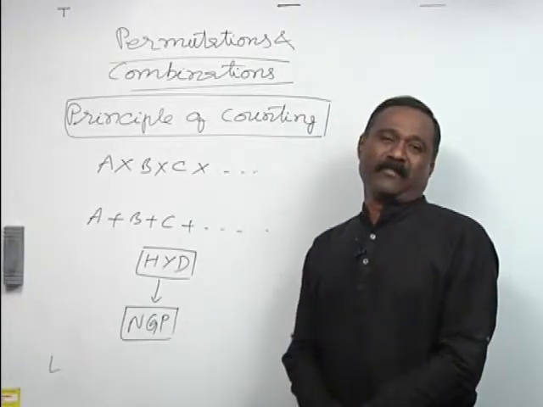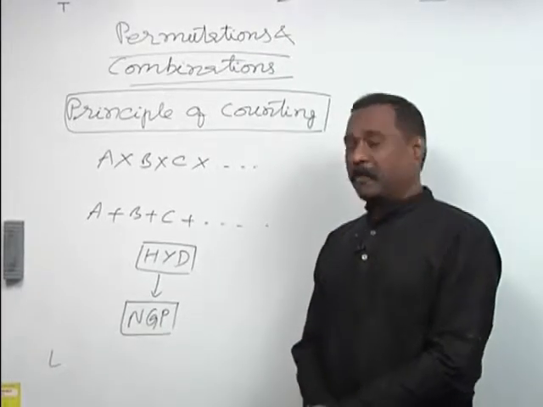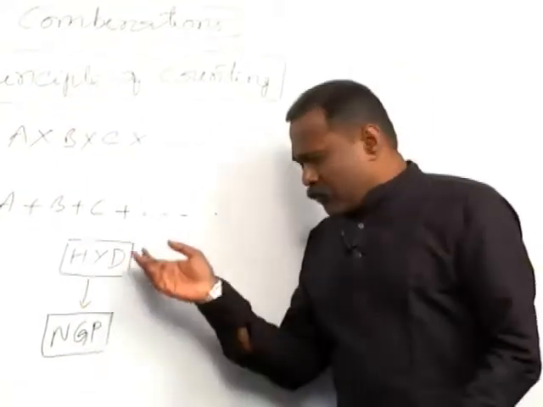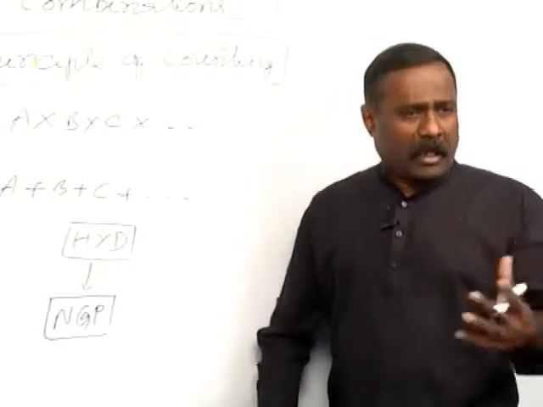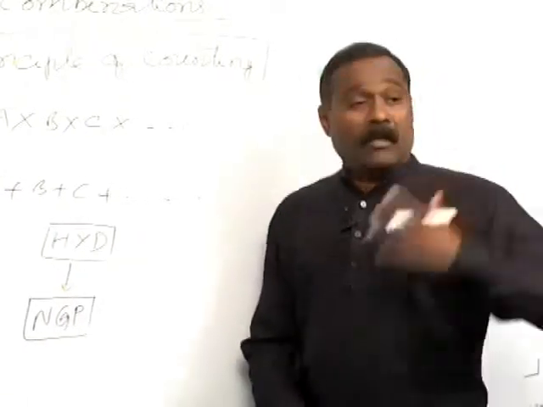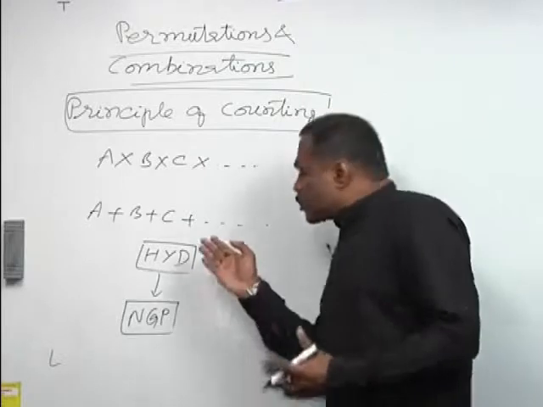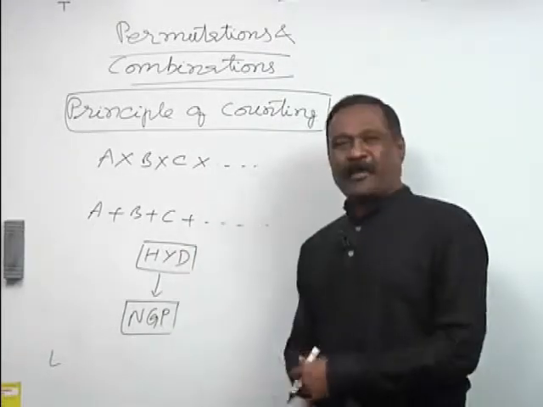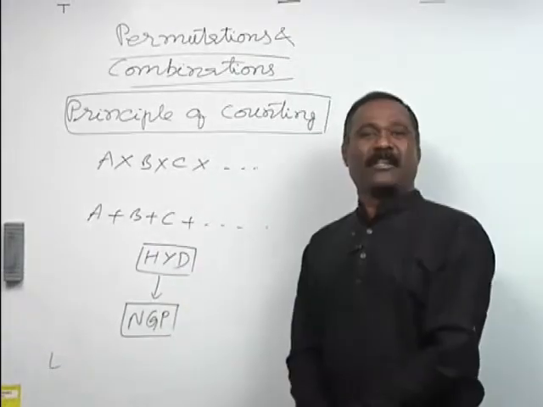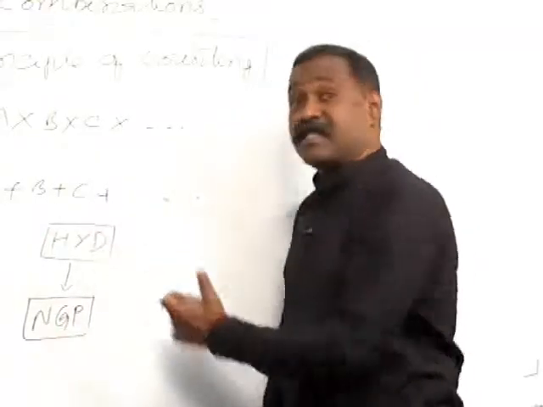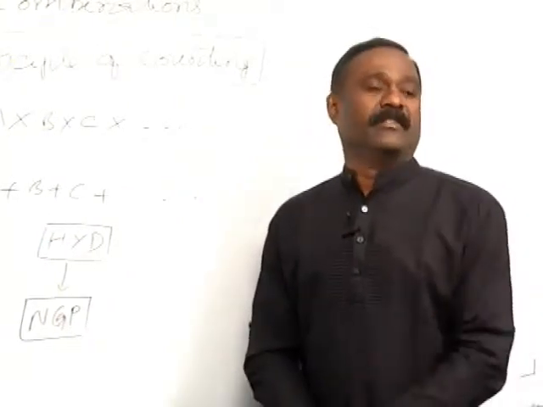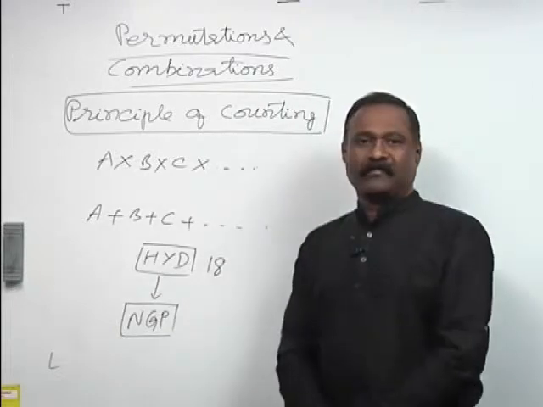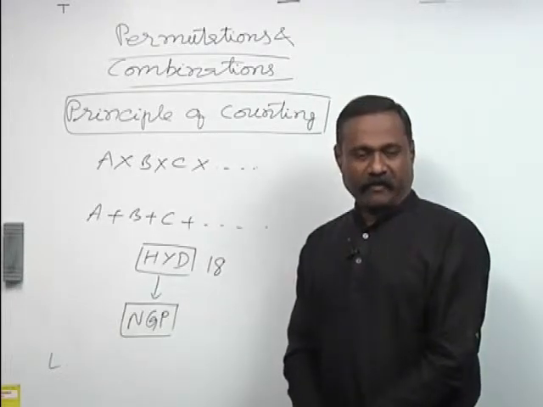For example, from Hyderabad you will reach Warangal, then Karimnagar, then Balharshah, then Nagpur. All those stations can be printed here. So in how many different ways can the first operation of printing the first station be done? It can be done in 18 different ways. Understand it? 18 different ways.